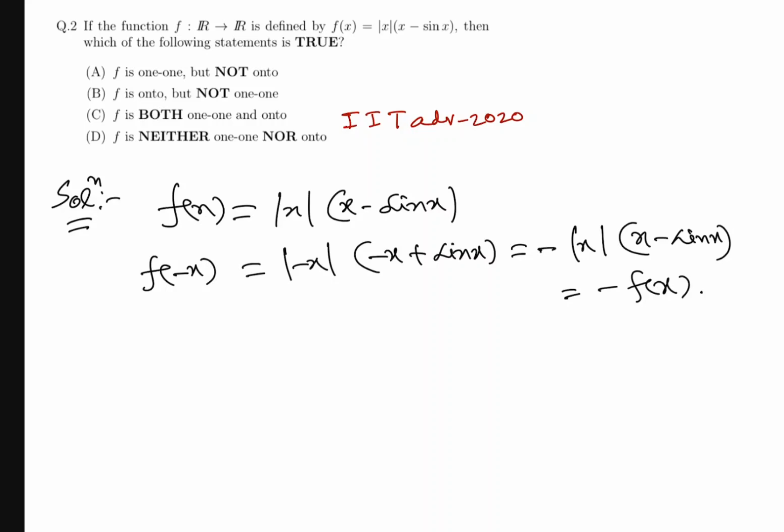So if we sketch the graph for a part, then it will be symmetric about the origin. This is the important property of an odd function. f(x) is an odd function.